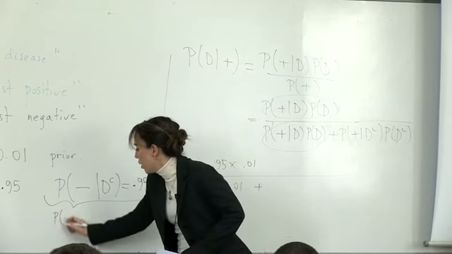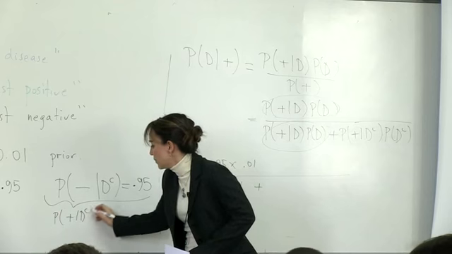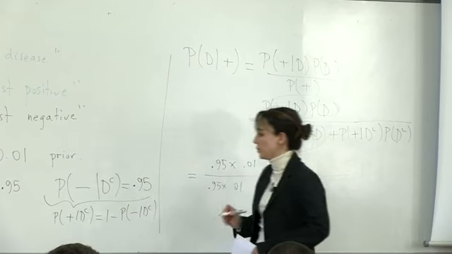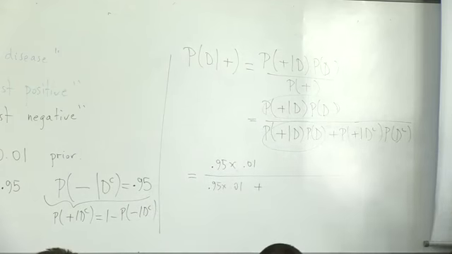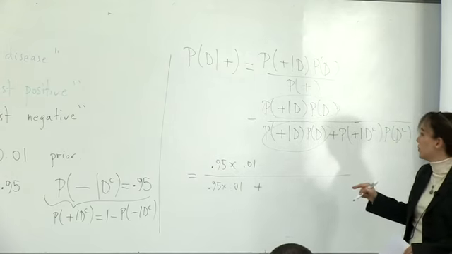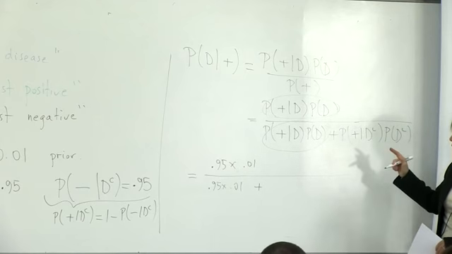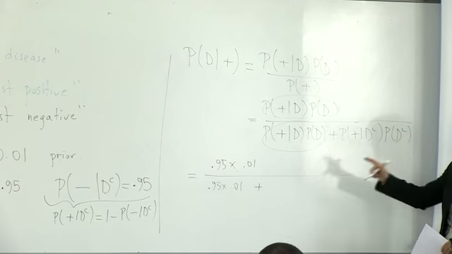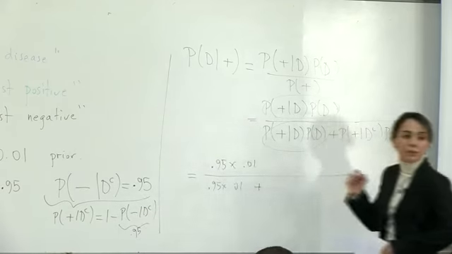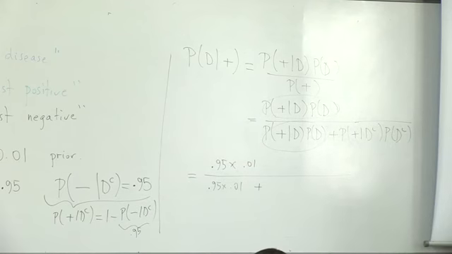So the probability of positive given D complement is 1 minus the probability of negative given D complement. Why? Because the events positive and negative are complements of each other in this problem. So the probability of testing negative given D complement is 0.95. So the probability of testing positive given D complement is 0.05.